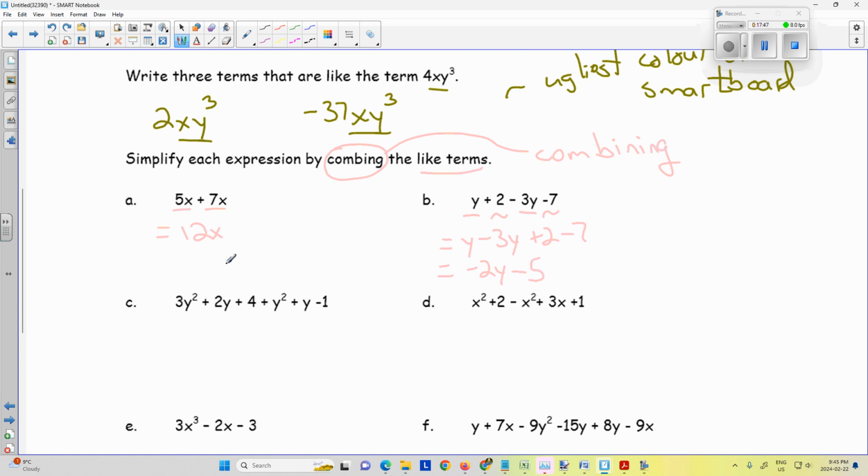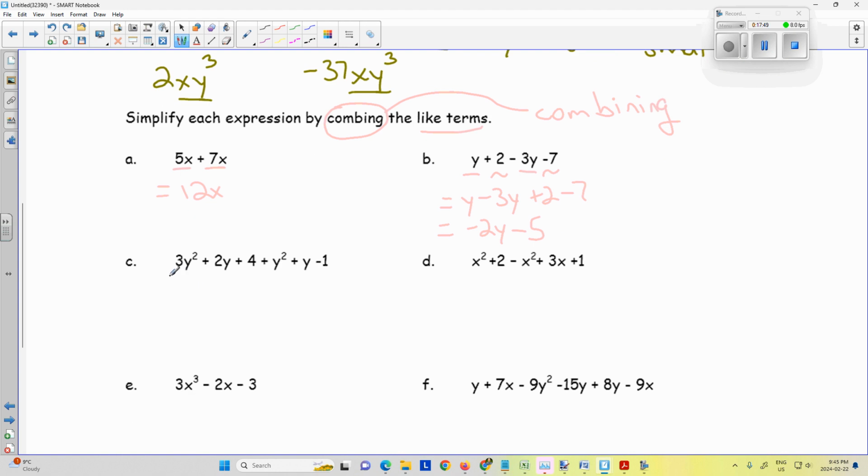And then this one here, again, I'm going to identify my terms. I've got a y squared. Here's a y squared. Here's a y. Here's a y. Here's a constant. Here's a constant. So I'm going to reorganize. Again, some of us might be ready to skip that reorganizing step. I just want to show you all the steps for this piece here.